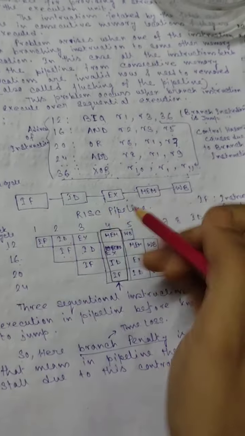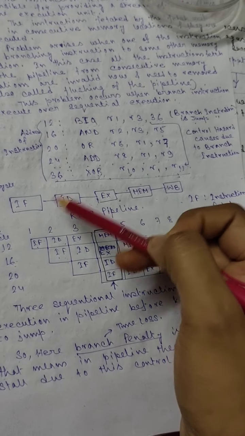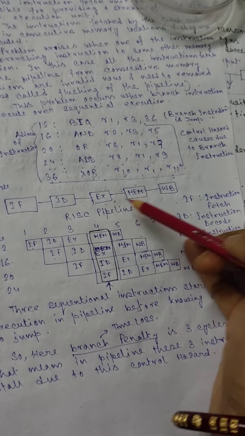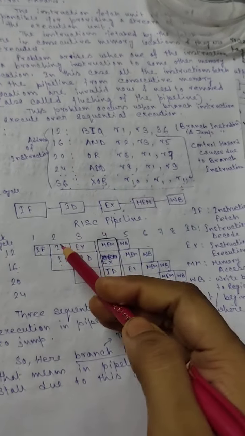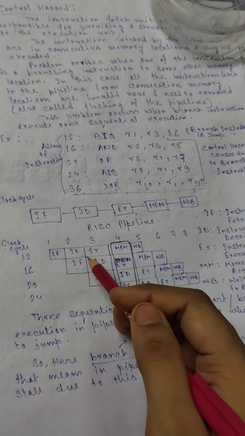So suppose it has 5 phases: fetch, decode, execution, memory access and output. First of all, this instruction performs these 5 phases and so on.